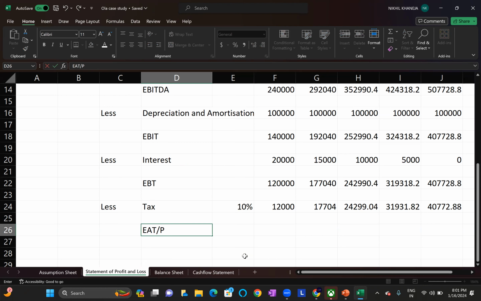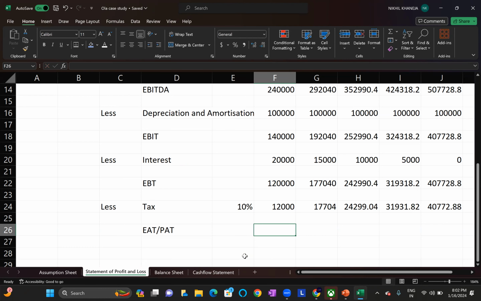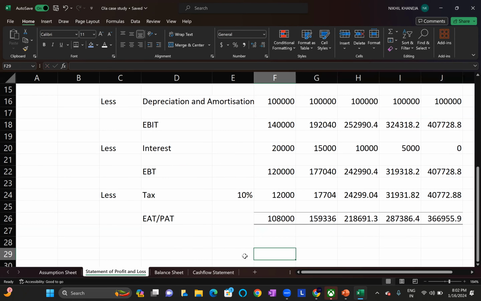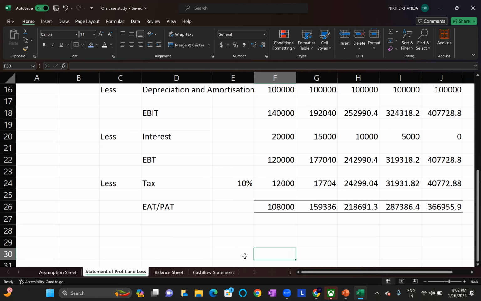We also call it PAT, profit after tax, is equal to this minus this. This is my profit after tax. I will keep it under double lines. So this is, guys, we have got earning after tax.